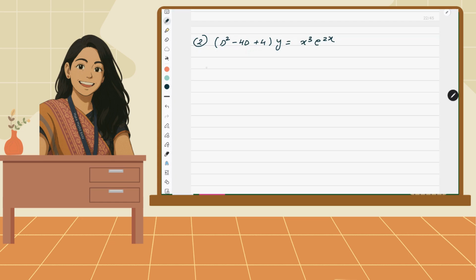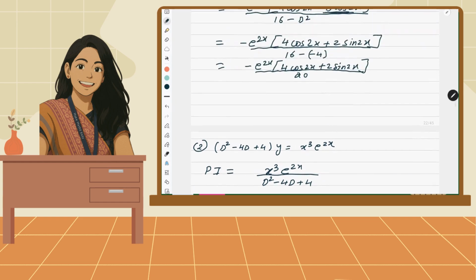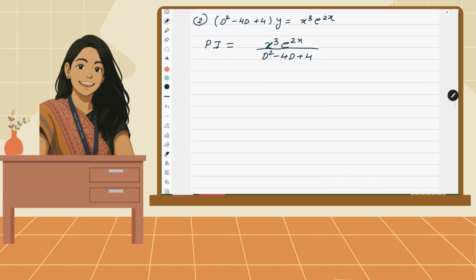Now let us start with PI. So PI is equal to x cube e to the power 2x upon D square minus 4D plus 4. Now next step, e to the power 2x is sorted and I'll write x cube upon, in place of D I should write D plus 2: (D plus 2) square minus 4(D plus 2) plus 4.